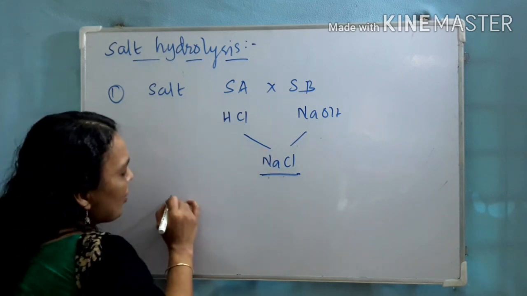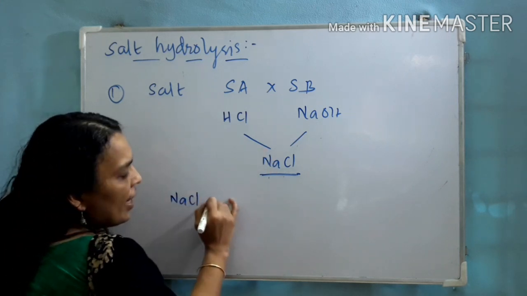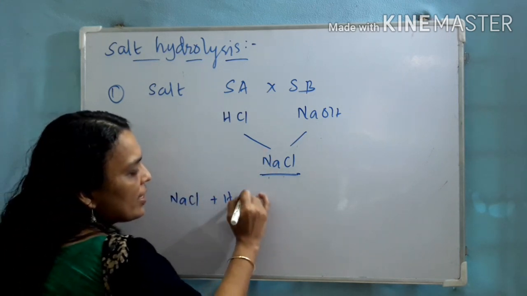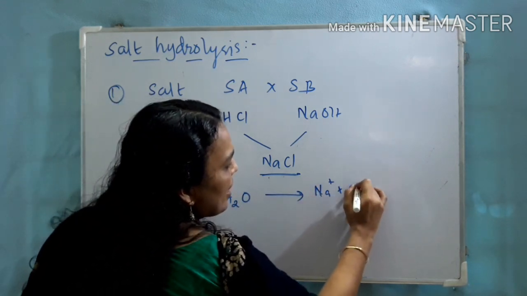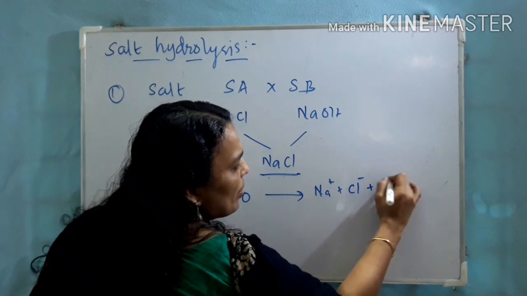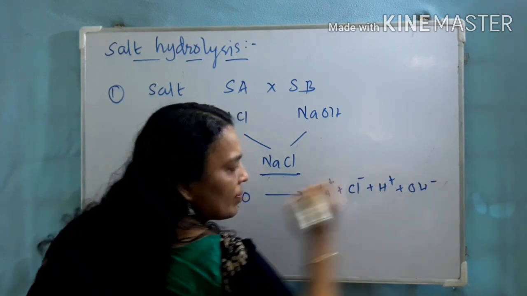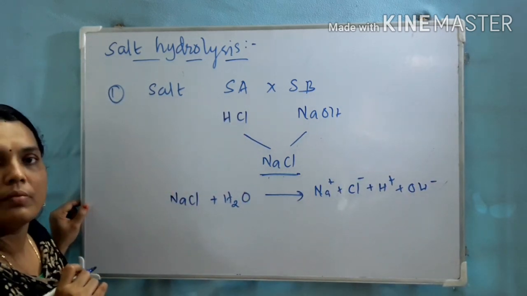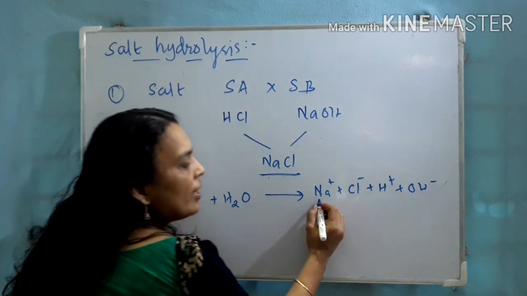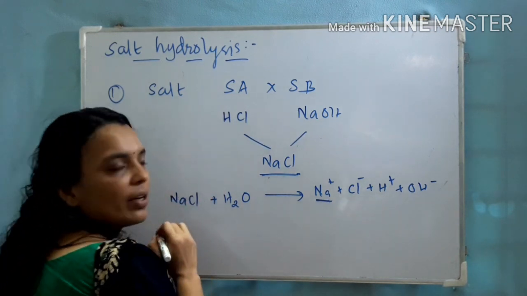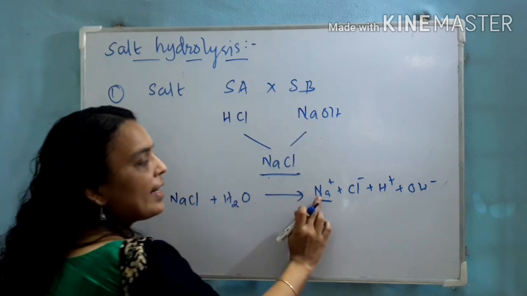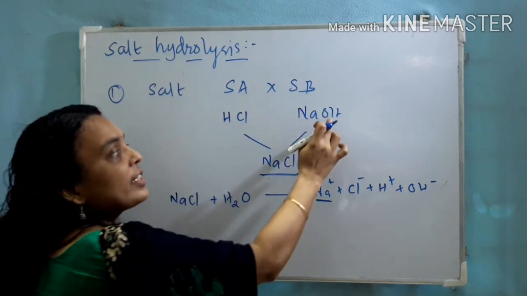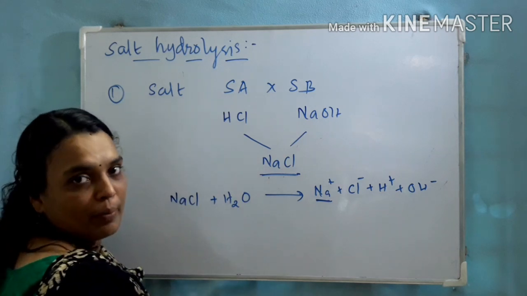Let us consider the hydrolysis of NaCl. NaCl with H2O gives Na+ plus Cl- plus H+ plus OH-. Look here, this Na+ is a cation coming from a strong base.